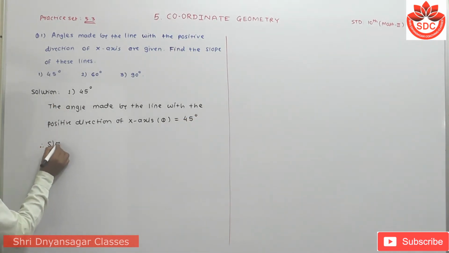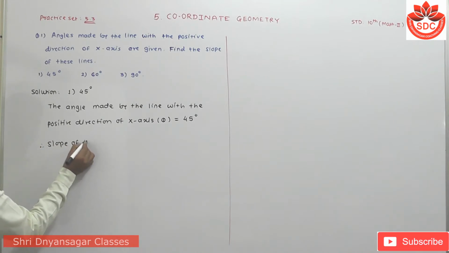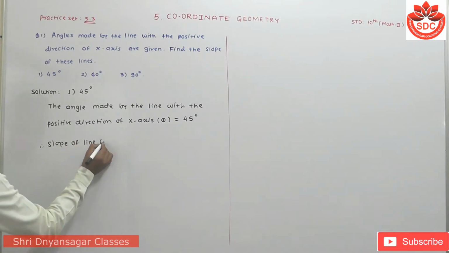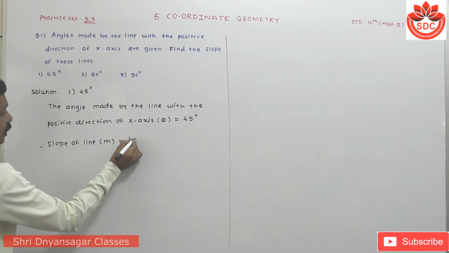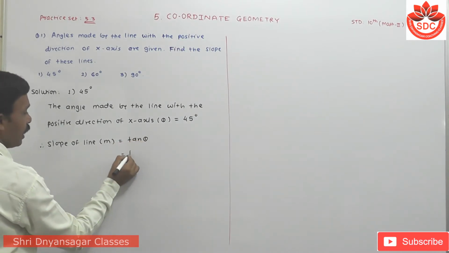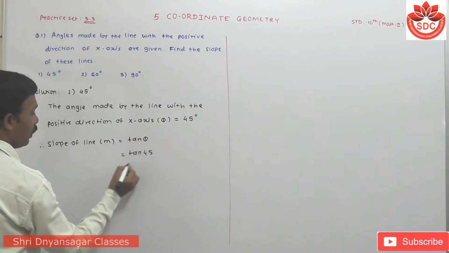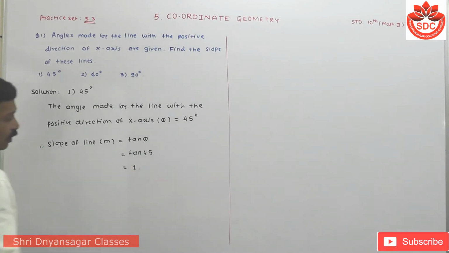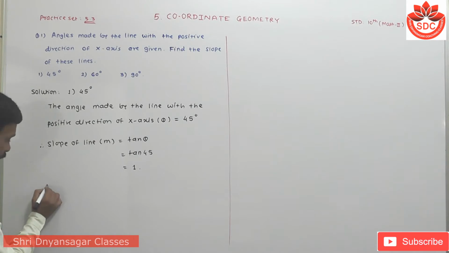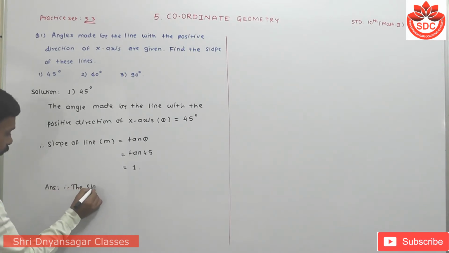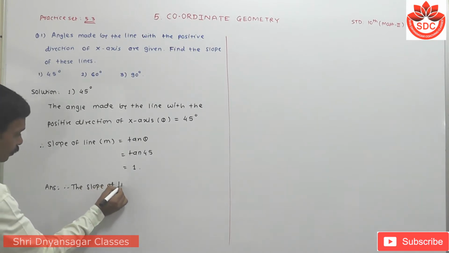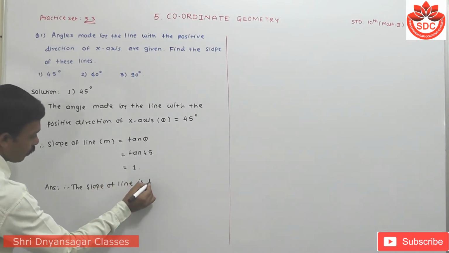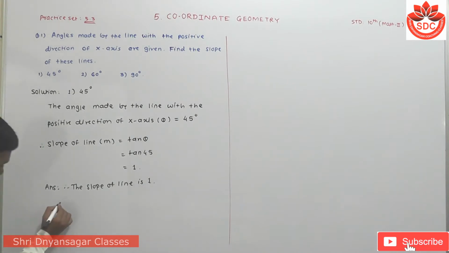Therefore, slope of line m equals, the formula is tan theta, that means tan 45 degrees. Tan 45 is how much? 1, by using the chart. Now, the answer in a full sentence: therefore, the slope of the line is 1.